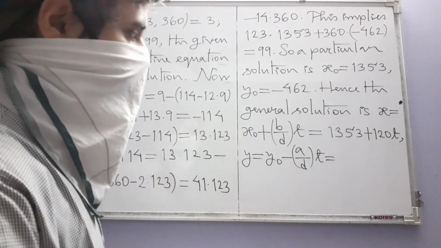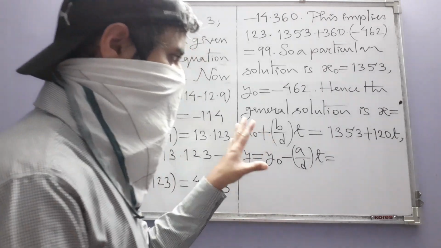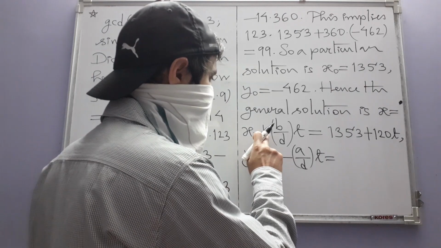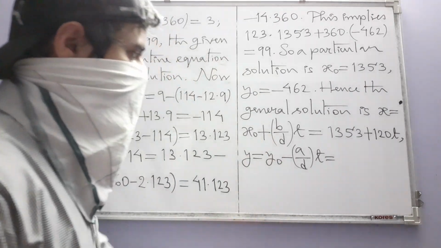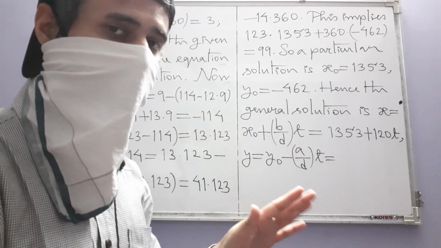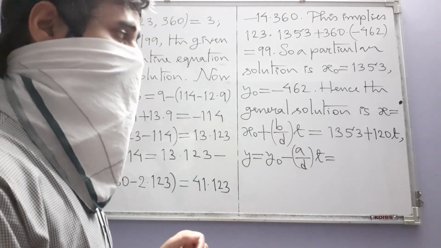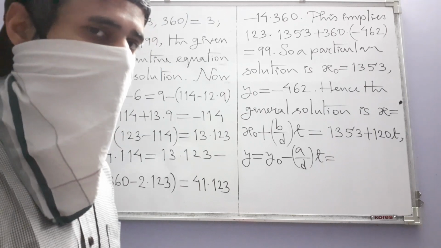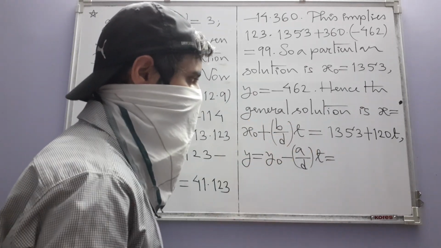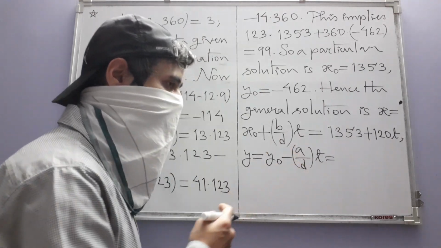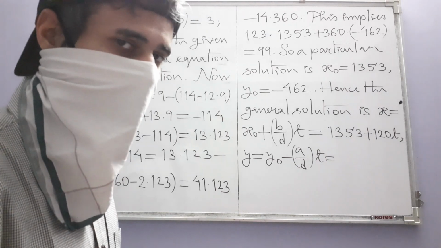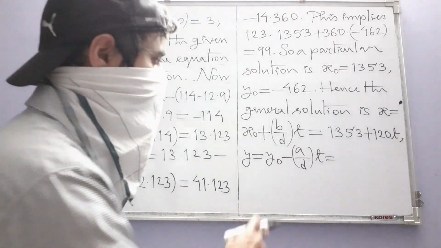But there is one point that I must mention. I said that this is plus and this is minus. That's how the formulas are given in the text. But actually that does not matter. You know why? Because you have this arbitrary constant t here. t is anyway varying freely over the set of integers, where we have both plus and minus.